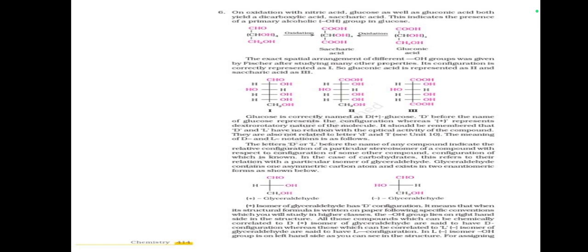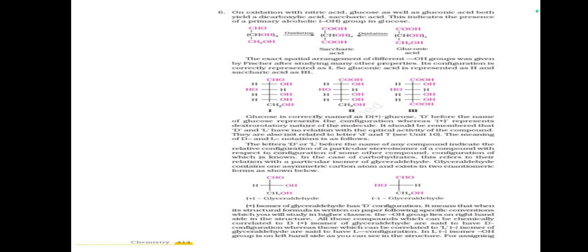In the case of carbohydrates, this refers to their relation with the particular isomers of glyceraldehyde. Glyceraldehyde contains an asymmetric carbon atom and exists in two enantiomeric forms as shown below.